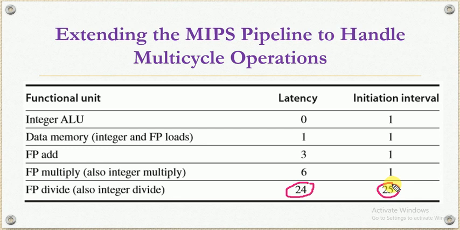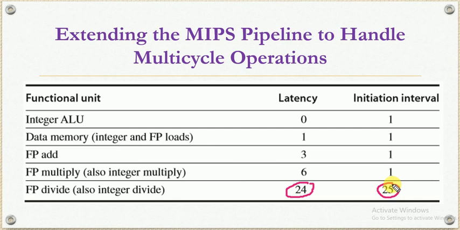And this latency and initiation interval, and the execution of these stages by using multiple functional units or multi-cycle operations, are helpful for evaluating various other things related to instruction level parallelism also, which will be described in detail in the next sessions. So these portions are to be considered important.